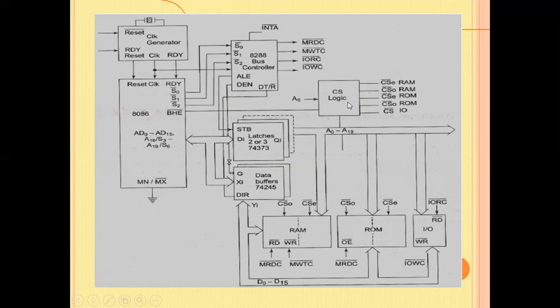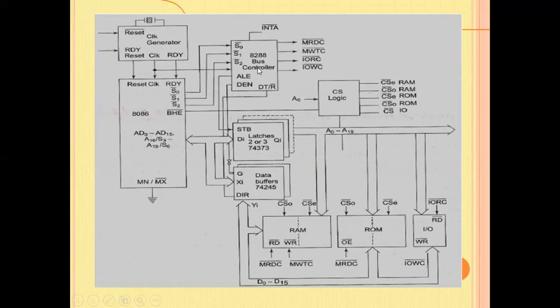CS logic is giving controlling signals for enabling. Instead of the DMUX there, here we have the 8288 bus controller. This bus controller is releasing the reading and writing controls which are given here.